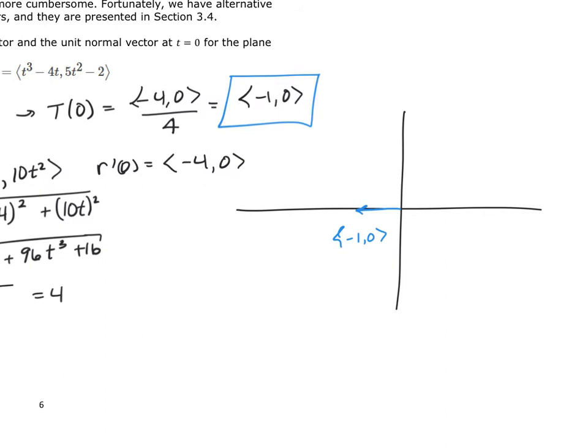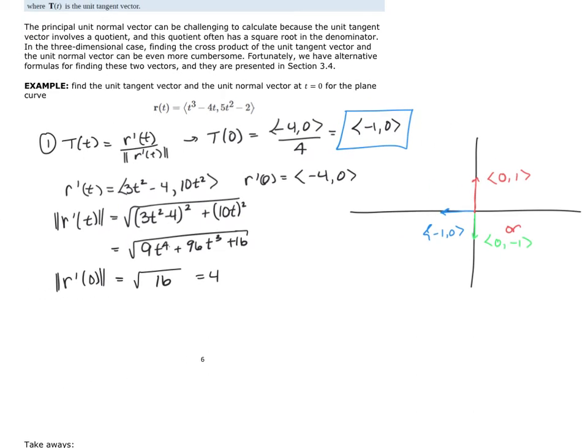So a vector that is normal to this would be either the vector 0 comma 1, or the vector 0 comma negative 1, and of course those would be normal to each other. So it was kind of a cheesy one because I ended up with my unit tangent vector being on the x-axis. So there is that.